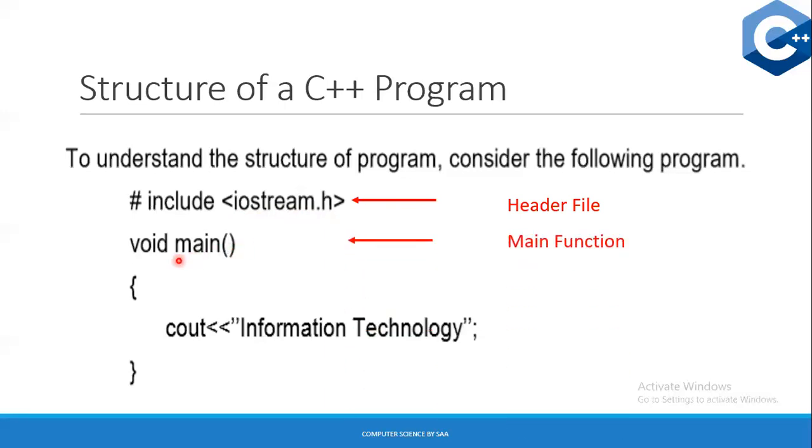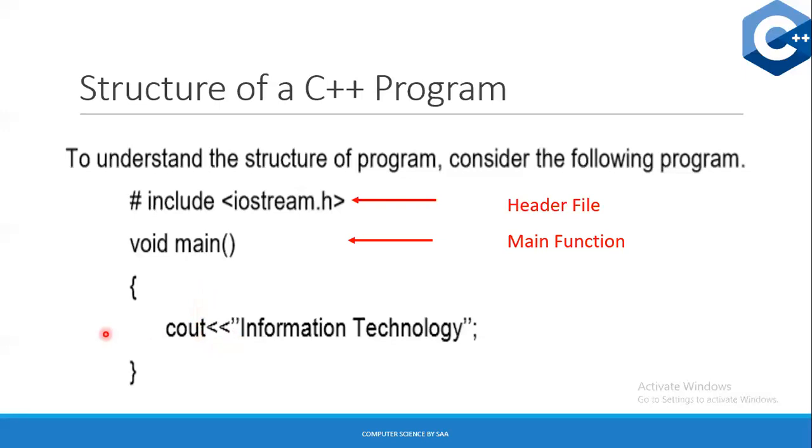Then number 2, it is written as void main with empty parentheses. It is the main function. Every C++ program contains at least one main function. When the execution starts, the control goes to the main function and everything that is written inside the main function will be executed.